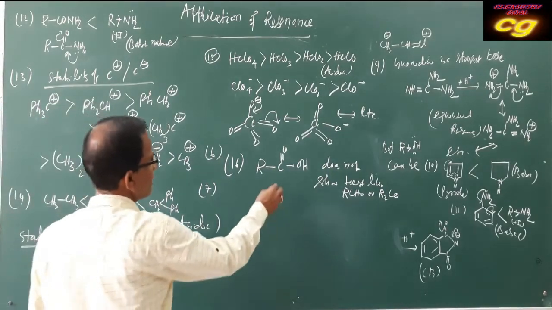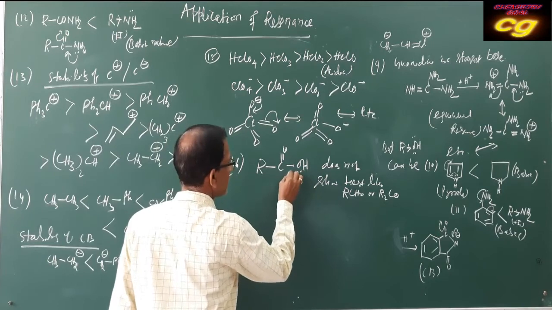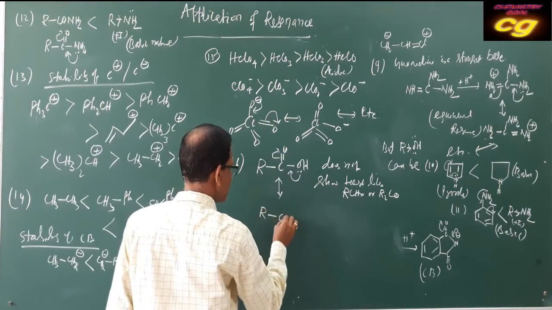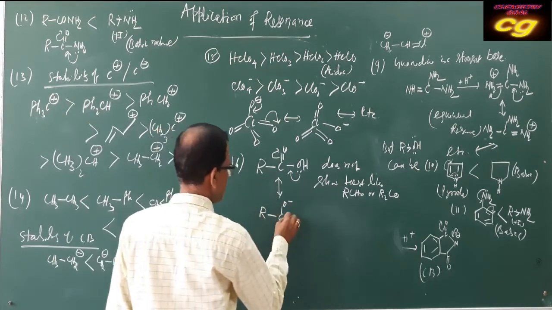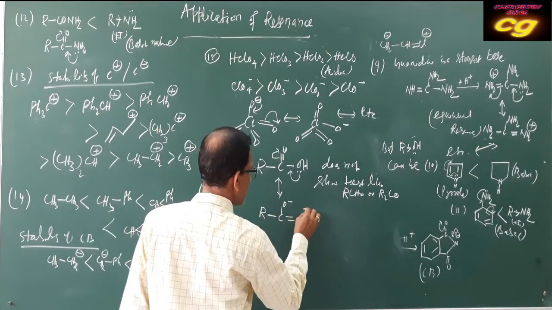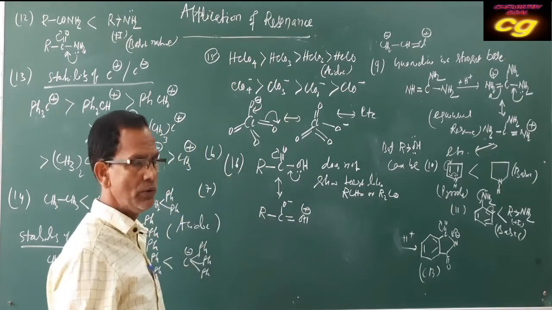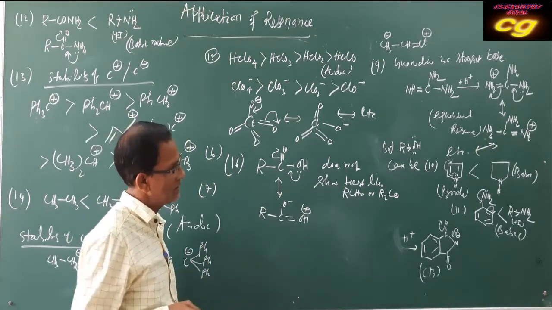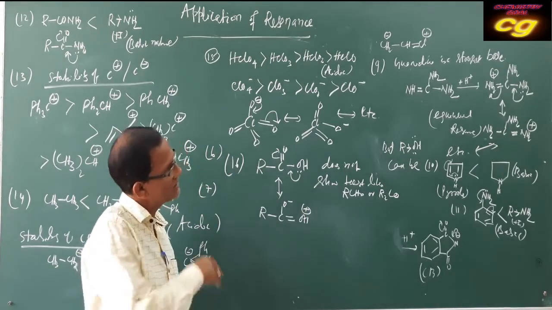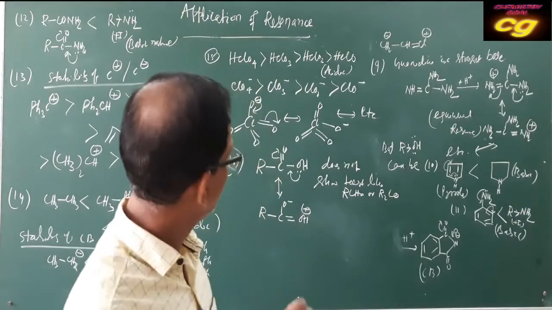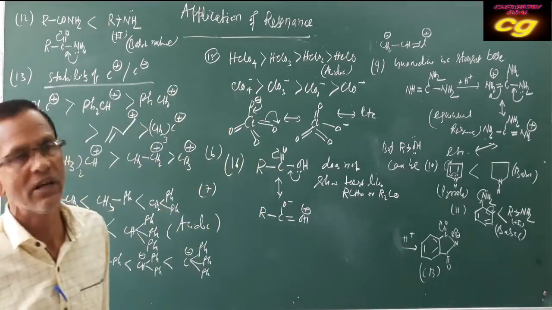Because it has resonance, so it loses the double bond character of the carbonyl group. If you do the resonance, this structure is O minus, then double bond, OH plus after resonance. Resonance structures you have to practice. If you have good knowledge of the structure of resonance and different resonance structures, and you can draw them, then you can tell the answer.